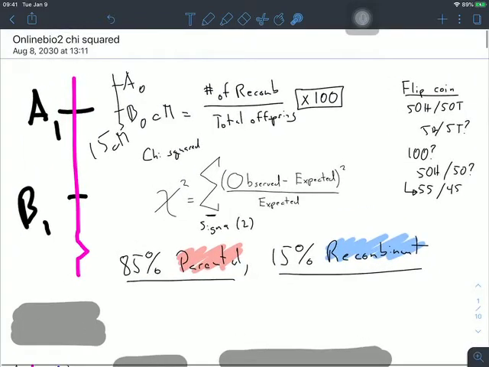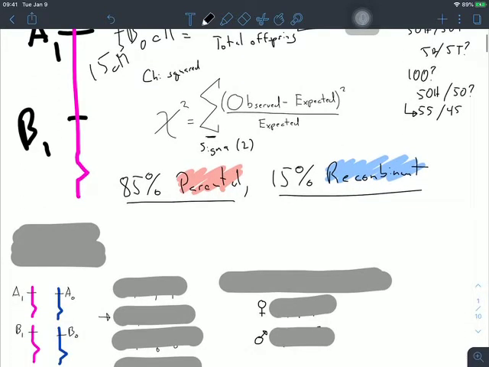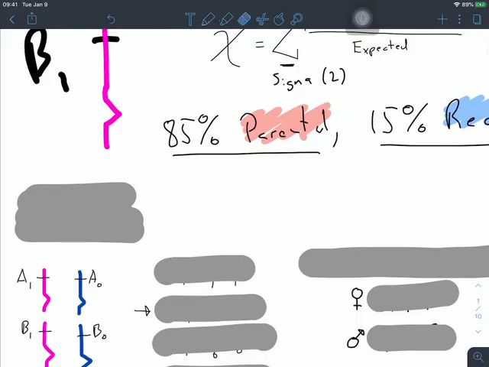So the explanation doesn't make much sense until we try to walk you through a problem. So let's go ahead and start there. Our first problem is going to be looking at loci that are unlinked.